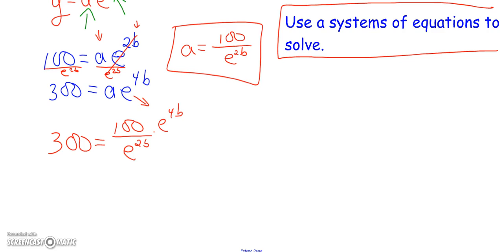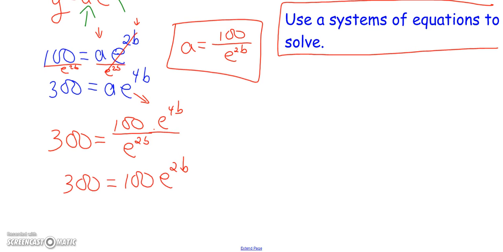Okay, so e to the 4b over e to the 2b simplifies quite a bit. When you're using division with the same base, you subtract your exponents. So 4b minus 2b, I can simplify this statement: 300 equals 100 e to the 2b.